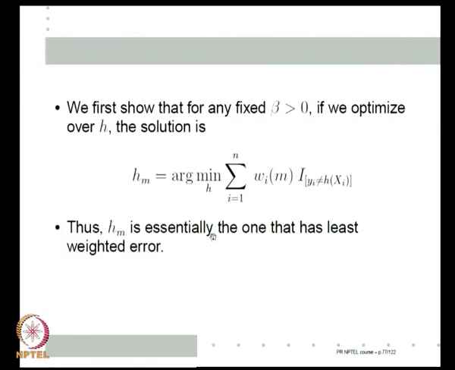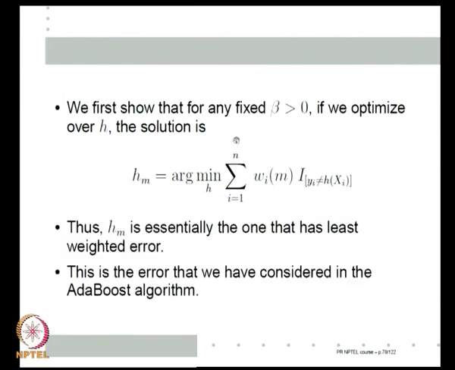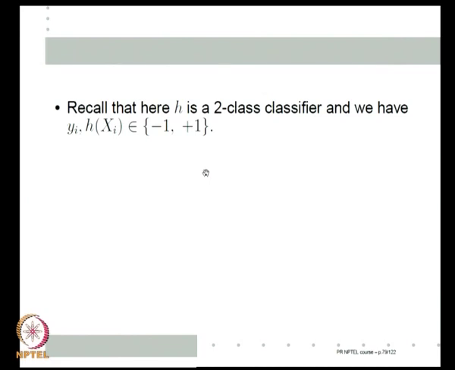That is very interesting, because that is exactly what AdaBoost is also looking for. For any given classifier AdaBoost calculates this as the error, and we are looking for classifiers with low errors. So at the mth iteration, AdaBoost is choosing h_m that has least value for this. It may not be doing this optimization fully, but that is what it is picking. Okay. Let us show this.